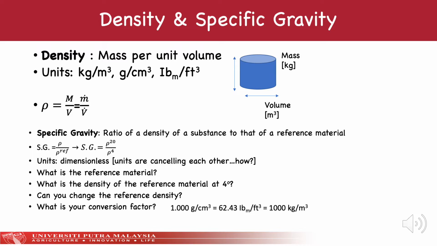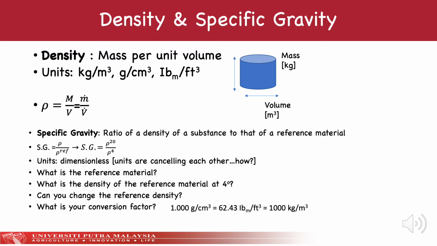Specific gravity is a dimensionless density value where it shows the ratio of the density of the material that we test at 20 degrees Celsius to the density of our reference at 4 degrees Celsius.